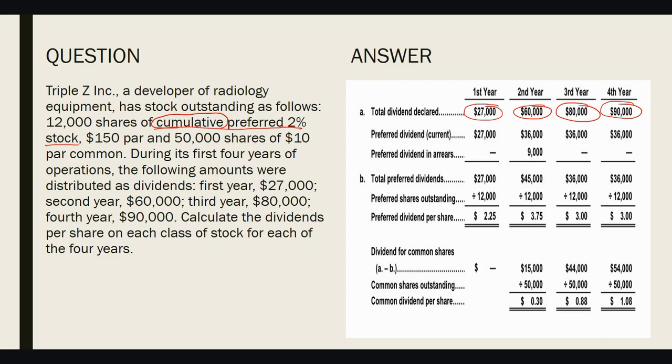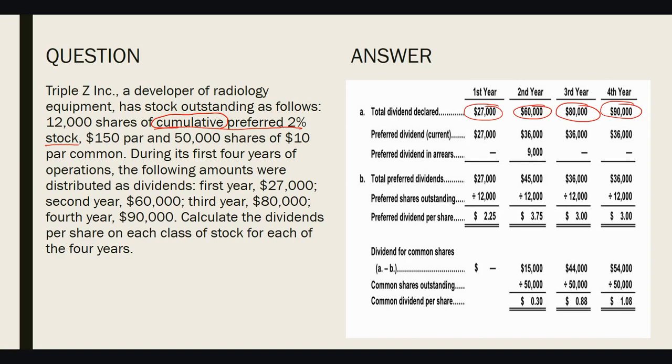If the company does not give out dividends in a particular year, or the amount they give out is not enough to cover the cumulative dividends, then the company is in arrears, meaning they have an IOU to the preferred stockholders.